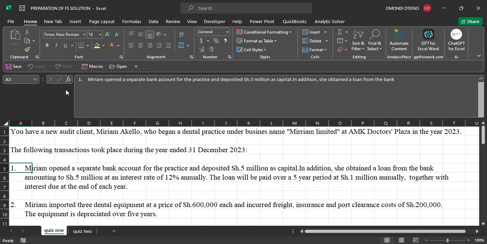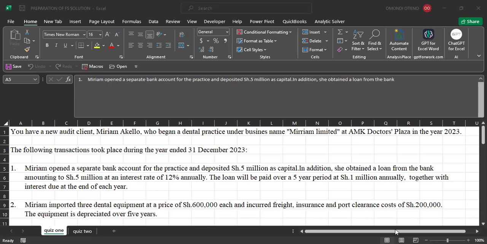Miriam opened a separate bank account for the practice and deposited 5 million as capital. So we have the bank account and the ordinary share capital.